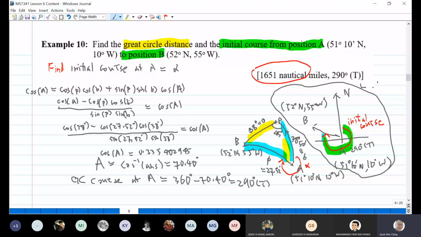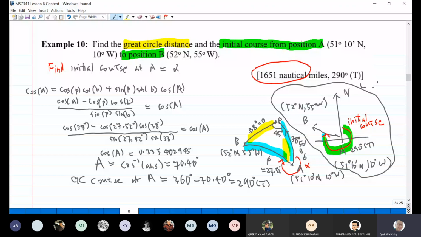So the whole picture is actually understanding the problem. Then you transfer all the information into the spherical triangle. Now you can actually solve the problem using the sine law.